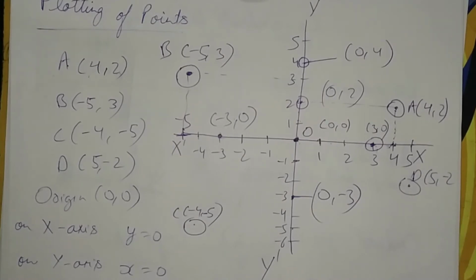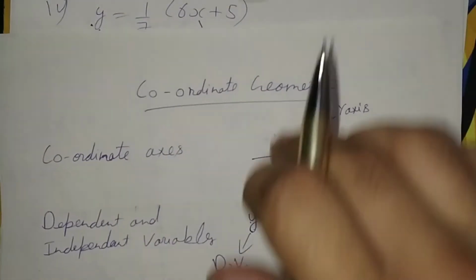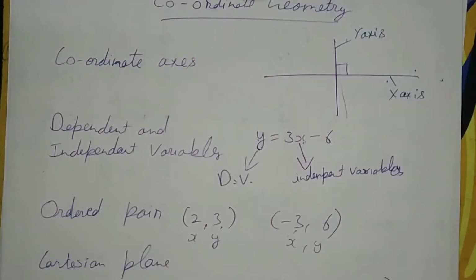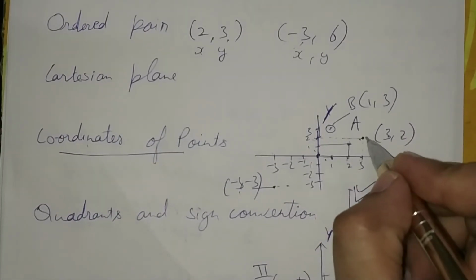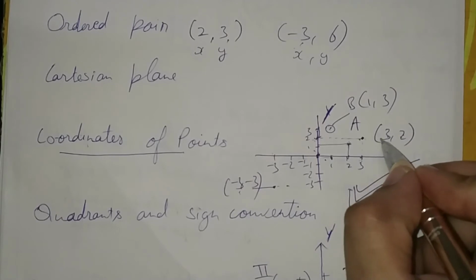One more thing, the coordinates of a point. Suppose this point was 3 comma 2.